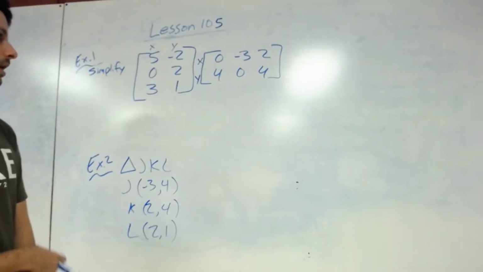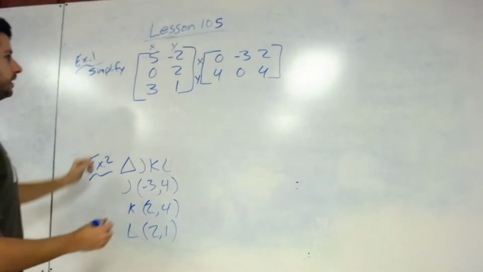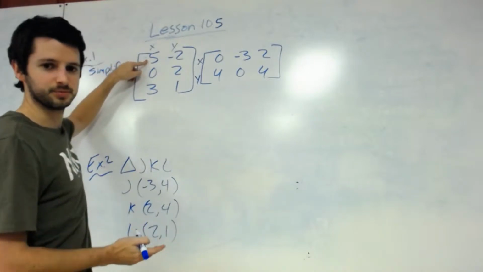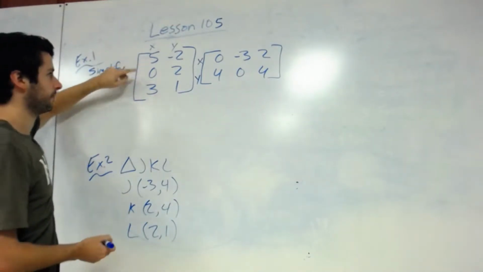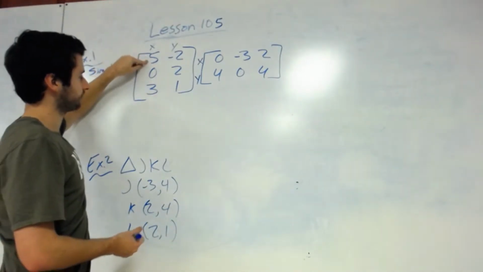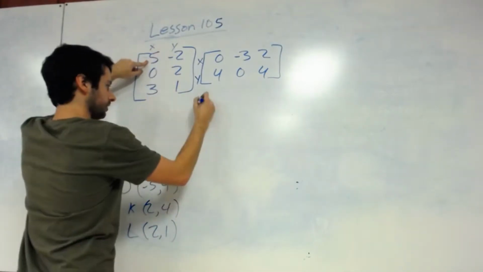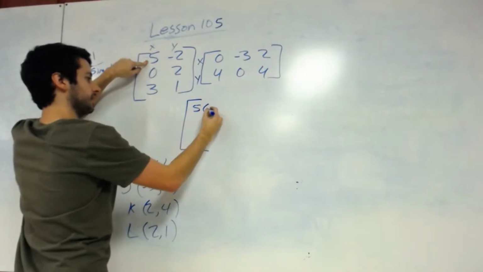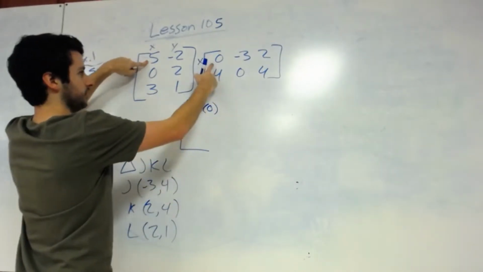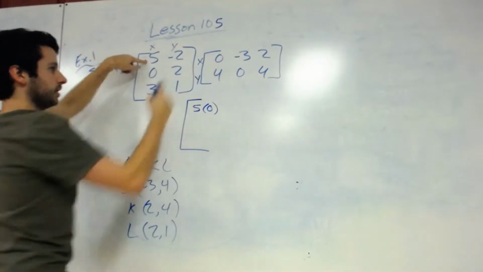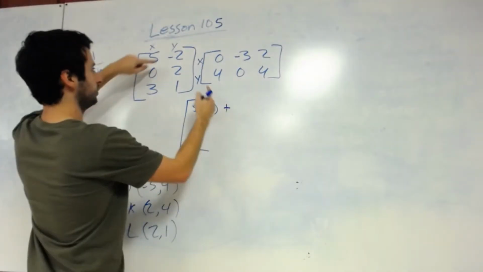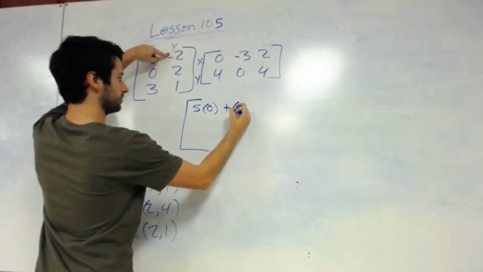When we are multiplying, I'm going to create a new matrix over here. I'm going to multiply the 5 times the 0, the first one in the row, and add that to the two y's being multiplied by each other.